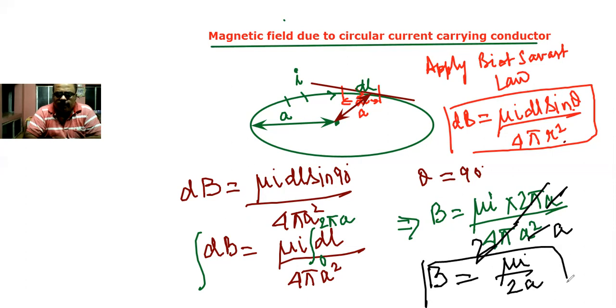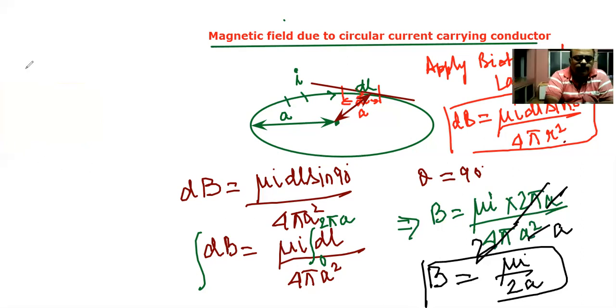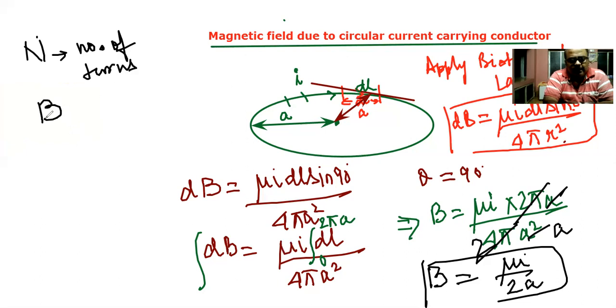Now for n number of turns, what will happen? Suppose the coil is having n number of turns. So for n number of turns, your magnetic field strength will be equal to mu N I by 2a.